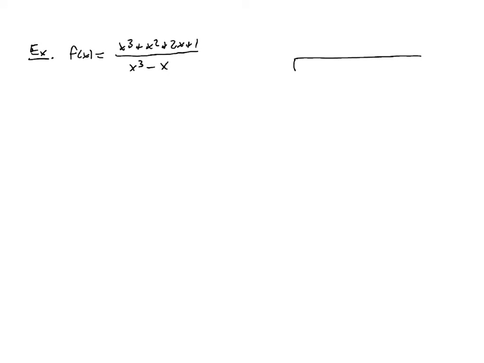So I take my numerator, divide by my denominator, and the technique for this is I have to ask what times x cubed equals x cubed, and that's exactly 1.